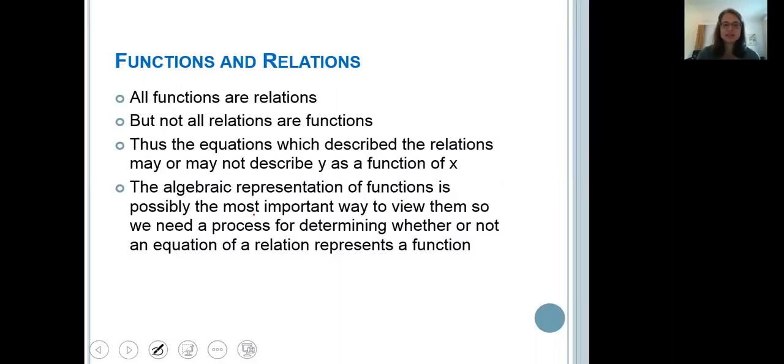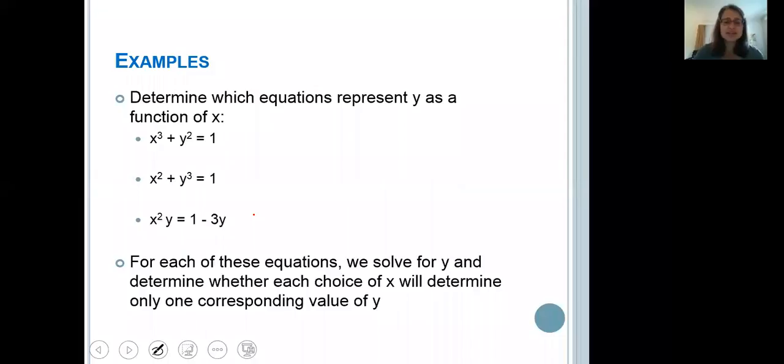And this is possibly the most important way to view them. So we're going to talk about how we figure out if an equation represents a function. And it's the equation of a relation, if that represents a function. It's not as hard as you think it's going to be. So let's talk about this.